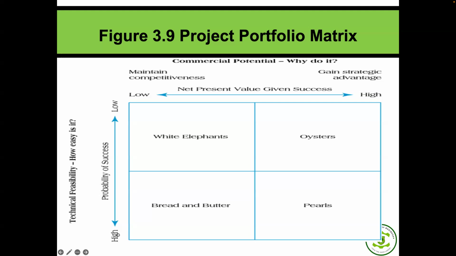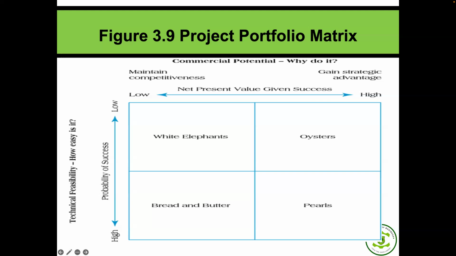How is it possible, in the short term, for a pearl project to become a white elephant? I'm looking at the two extremes. Pearl: highly successful delivery, commercial viability very high. And at the extreme lowest end: success very low, commercial viability very low. Is it possible that a project which has been very successful in the short term can turn into a white elephant?